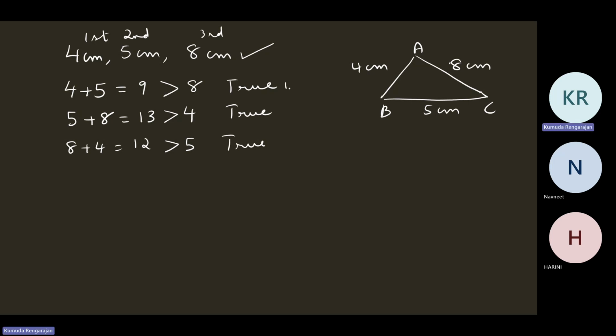Supposing you check the first one and it's true, you cannot stop there and say that yes, a triangle can be formed. You need to check all the three. And in all the three cases, the answer must be true. Even if one of these is false, the conclusion is a triangle cannot be formed with the given three line segments.